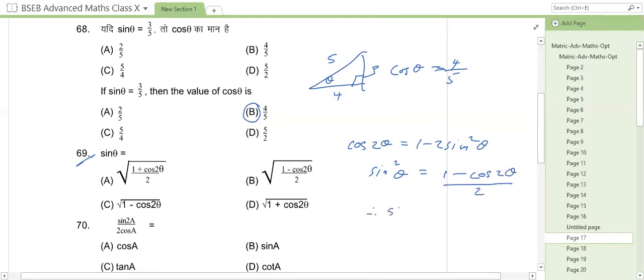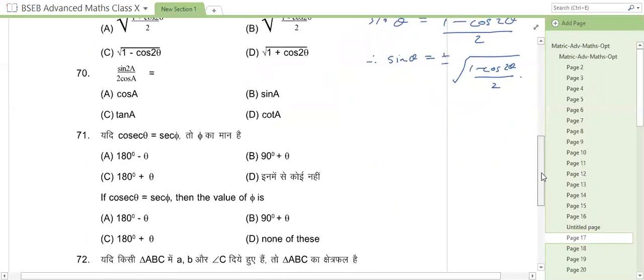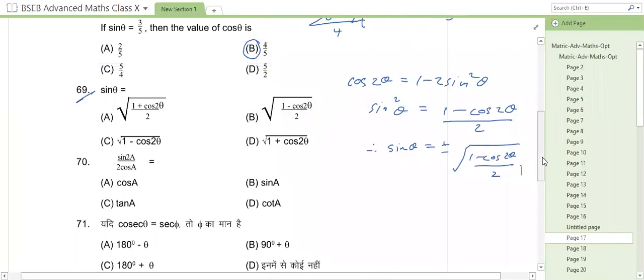Therefore, sine theta is equal to plus minus the square root of 1 minus cos 2 theta over 2. So 1 minus cos 2 theta over 2. The answer is B.